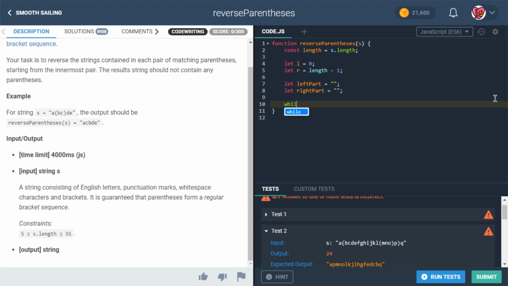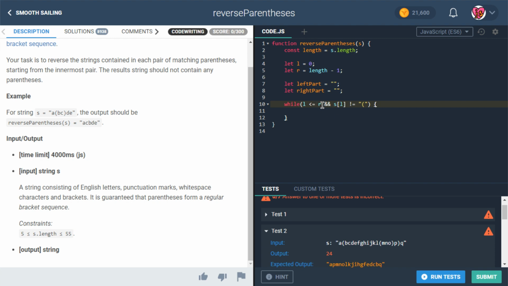And this is just going to be sort of storing the characters that we encounter up to the parenthesis. So we'll say while L is less than or equal to R, so we don't want to go too far. We don't want to get to a point where L overtakes R. At most, we want them to sort of meet each other, in which case that means there weren't any parentheses in that part. And also, we want it to keep moving until it encounters one of these things.